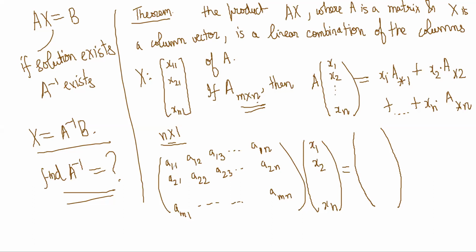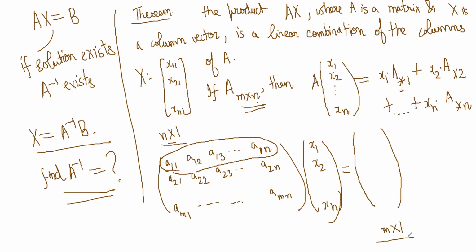So let's do the multiplication. The first entry will be this row vector into this column vector. When you do multiplication, I'll write A11 into x1 plus A12 into x2.